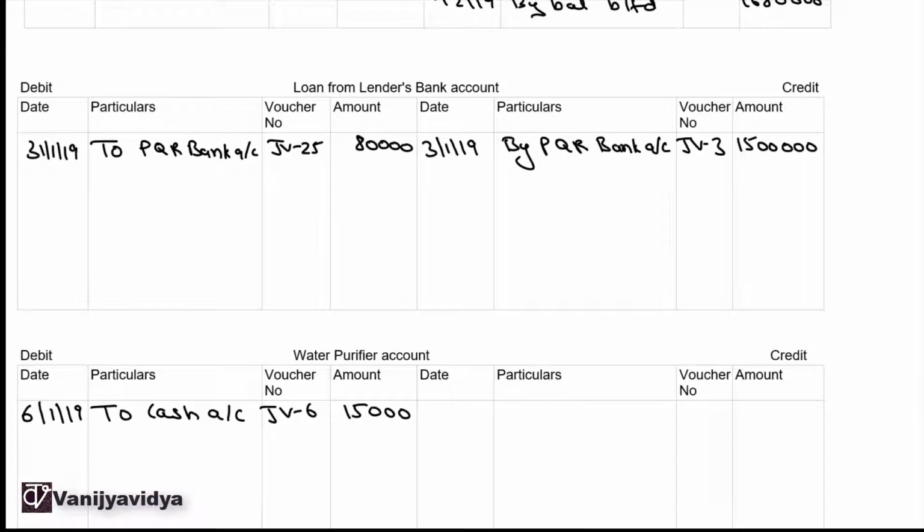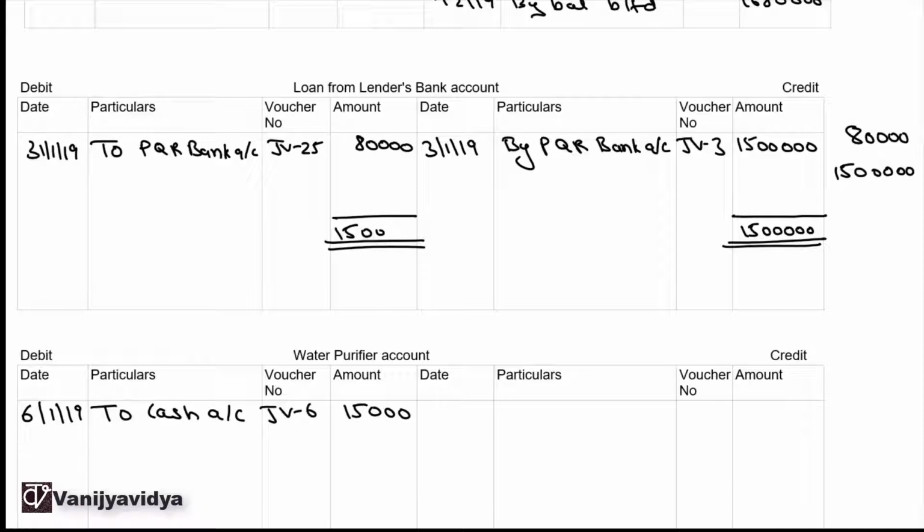Loan from lender's bank account. Debit side total is 80,000. Credit side total is 15 lakhs. So again here the credit side total is greater. So we take a total 15 lakhs on both the sides. Then balance is 15 lakhs minus 80,000.